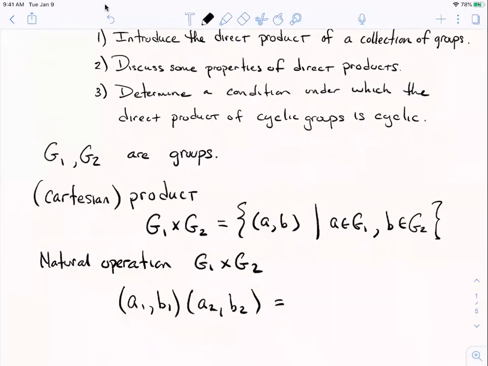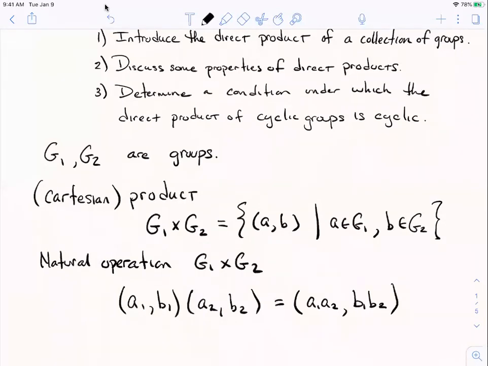There's a very natural product on these things where we'd multiply these two pairs by saying, well, multiply a1 and a2 in the first coordinate. That makes sense because that's an element of G1. And then multiply b1 and b2 in the second coordinate. That makes sense because that's an element of G2.